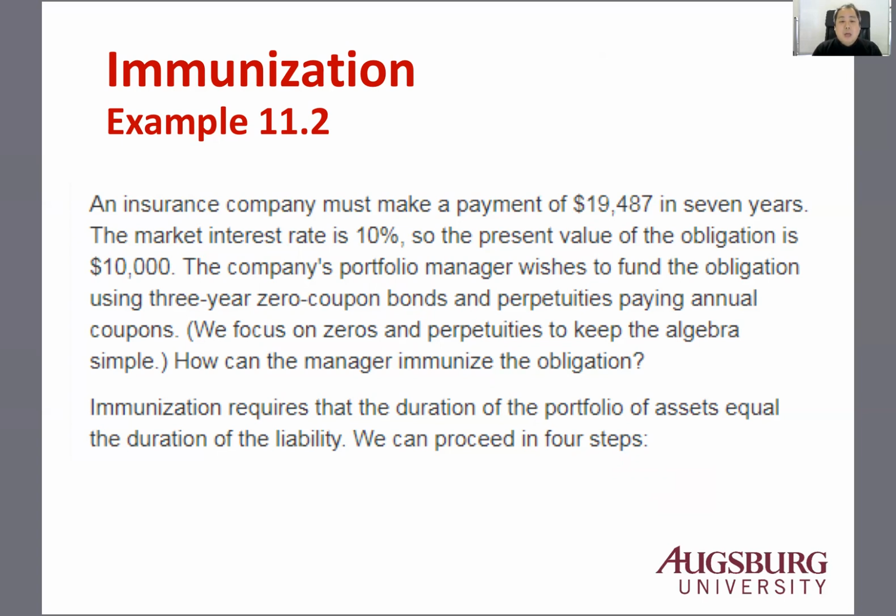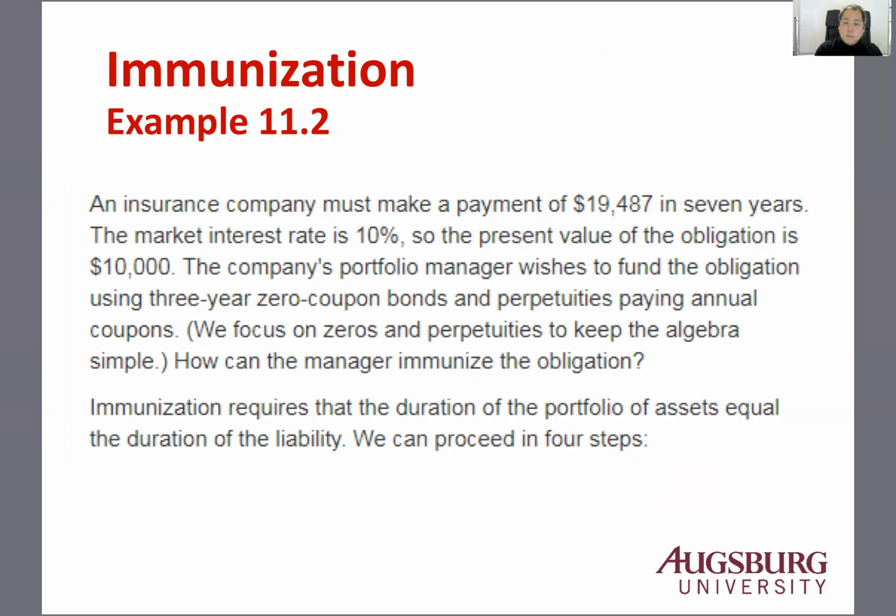How can the manager immunize the obligation? So we basically try to find the weight in each: the weight of the zero coupon bond and the weight of the perpetuity, to make this portfolio's duration equal to what? 7 years.